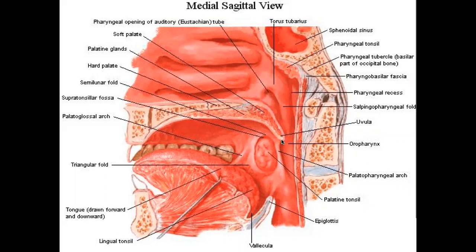This slip of muscle is called Passavant's ridge. The part of the palatopharyngeus muscle present inside Passavant's ridge will contract and constrict the nasopharyngeal isthmus. So that is a defense mechanism.